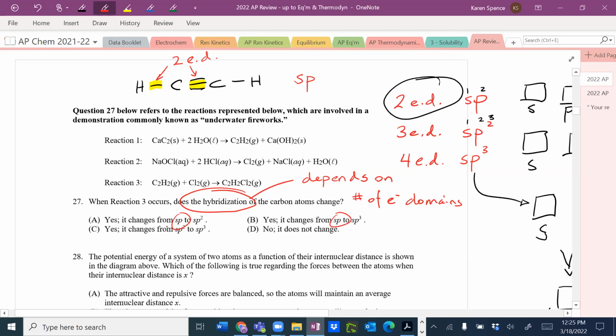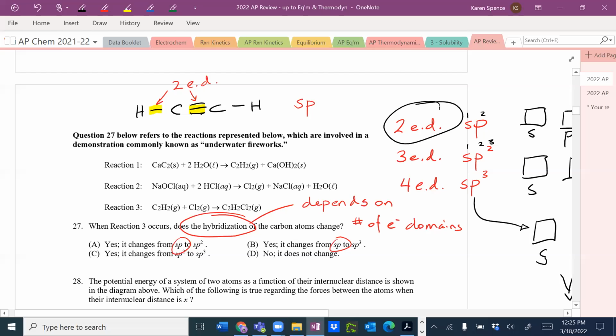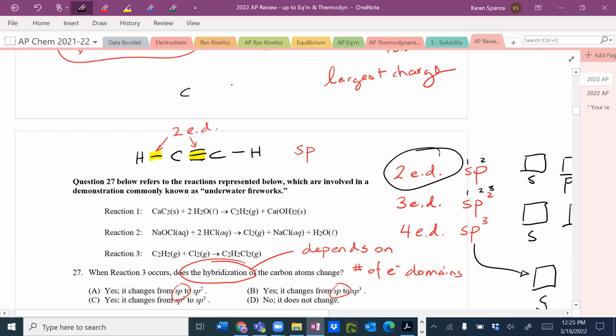And we are changing to C2H2Cl2. That means that carbon still needs 4 bonds.